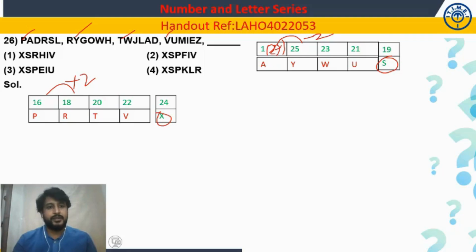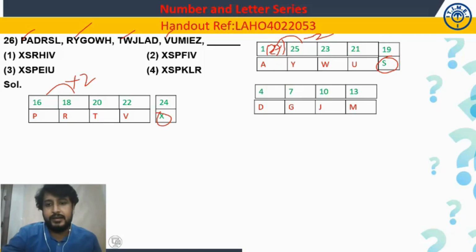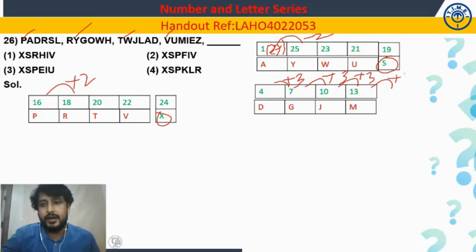Now go with the third letters in each group: D, G, J, M. Write the place values: D's place value 4, G's place value 7, J's place value 10, M's place value 13. What is the logic? 4 plus 3 is 7, 7 plus 3, 10, 10 plus 3, 13. So what should be next? Plus 3 according to this.